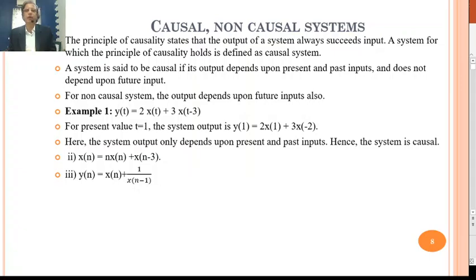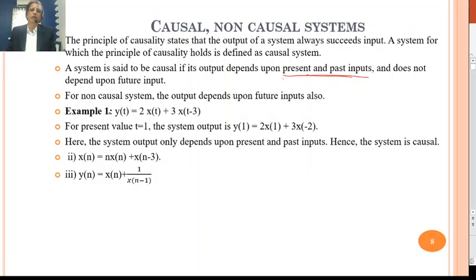In simple words, we can say that if the output depends on the present and the past input, then that system is called a causal system. The output does not depend on the future input. It depends only on the present and the past input. This system is called a causal system, and this principle is called the causality principle.